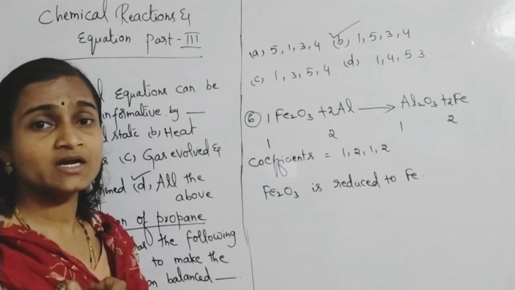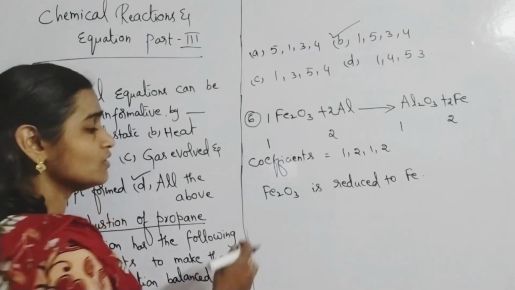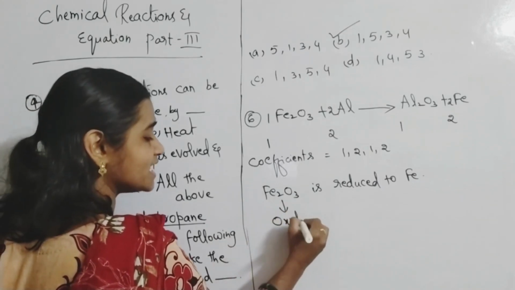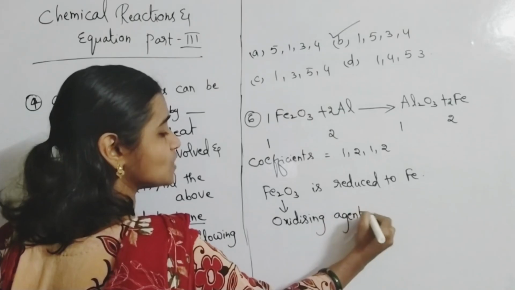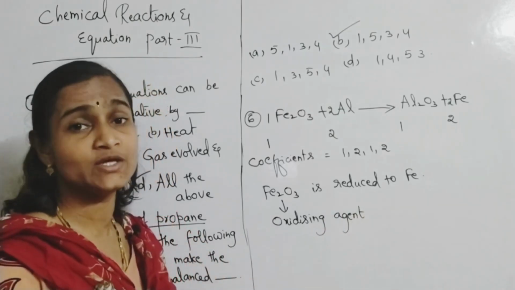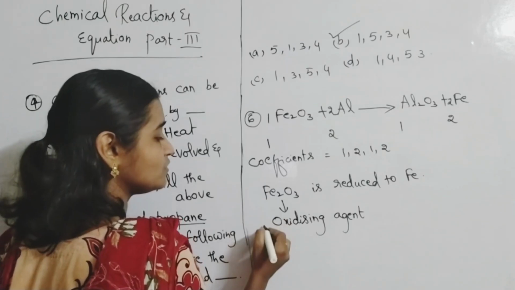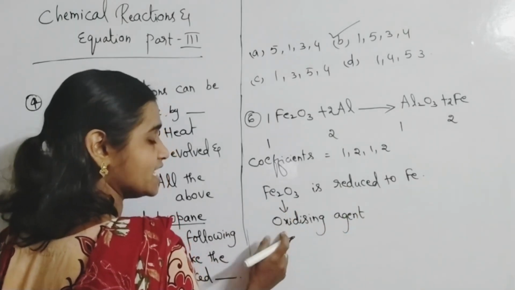A substance which undergoes reduction is called an oxidizing agent. So Fe2O3 is treated as what? Oxidizing agent. In this reaction, which substance is oxidized and which substance is reduced, like that you will get questions. Here Fe2O3 is reduced, that's why Fe2O3 acts as the oxidizing agent.